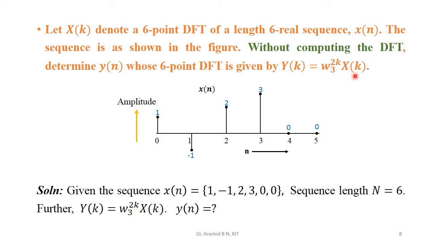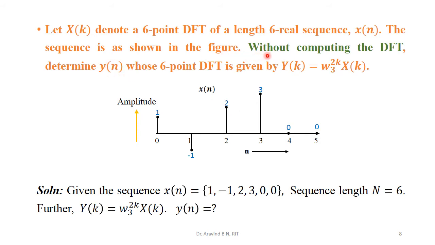So a few things we need to observe. The sequence is not given in a straightforward manner. The sequence is of length 6 values and all are real values, and that is given in this diagram. We'll go through this diagram later. In the second part, given x of n, we are not supposed to calculate X of k in order to identify the y of n.